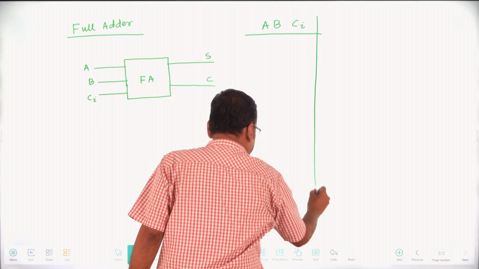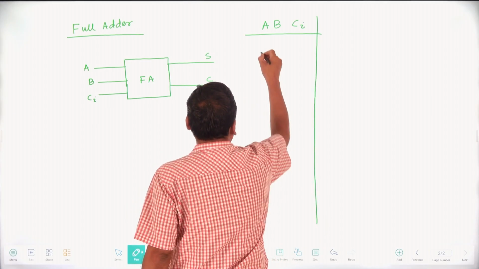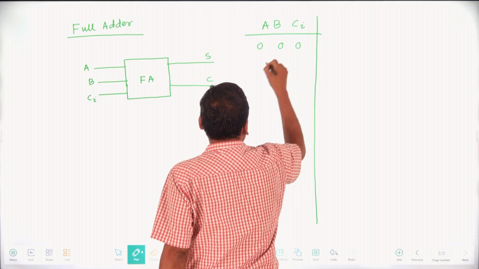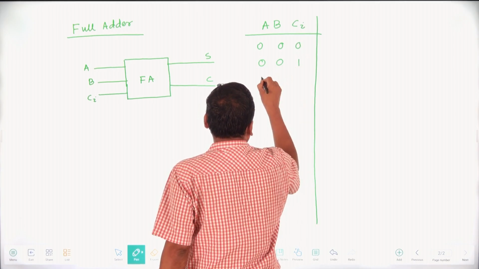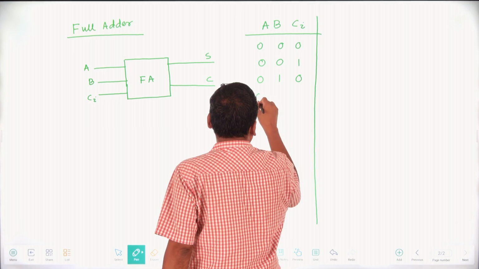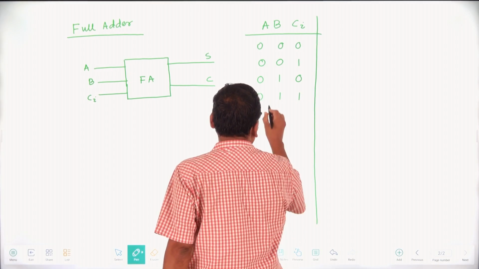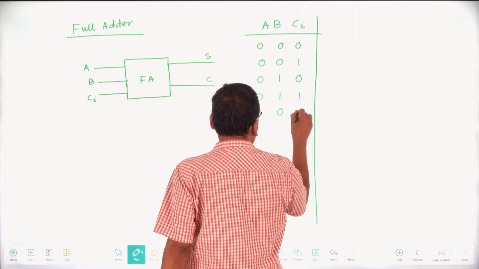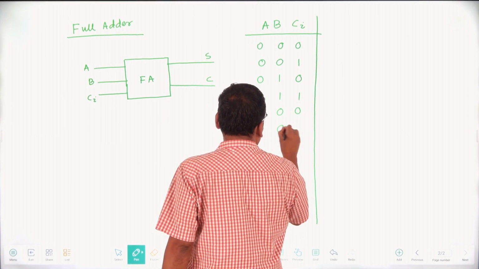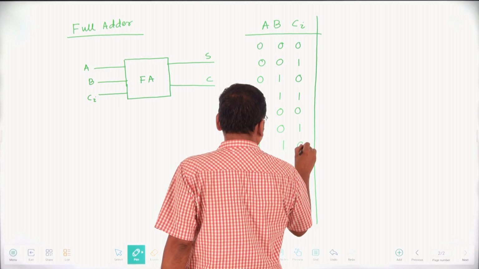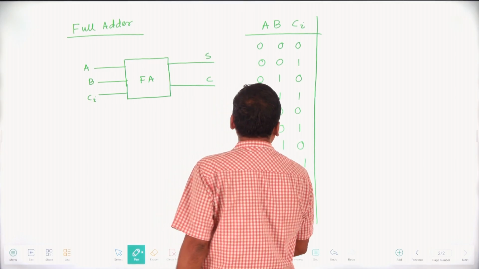If there are 3 inputs, there are 8 combinations from 000 to 001, 010, 011, and 100, which is decimal 4, and here 5, this is your 6, and this is your 7.